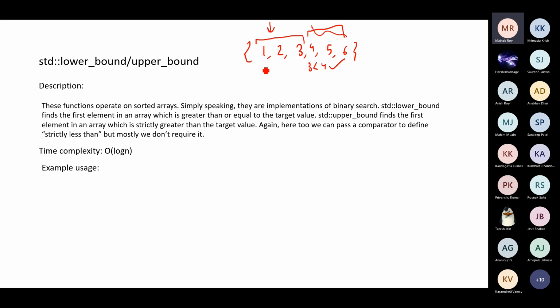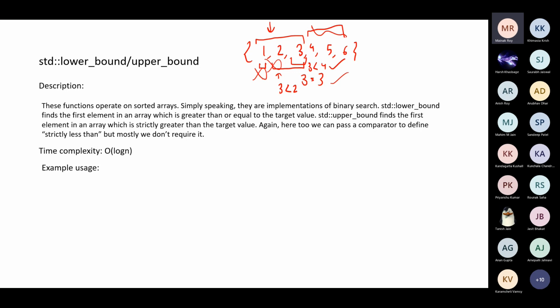Now you divide this half into two ranges, 1, 2 and 3. The important part is this must be exactly close to half. Now you check 2. Is 3 less than 2? No. Then you can discard this part, and eventually you arrive at 3. 3 equals 3, so you return this. Basic idea: divide the array in half and discard whichever half does not contain our target.